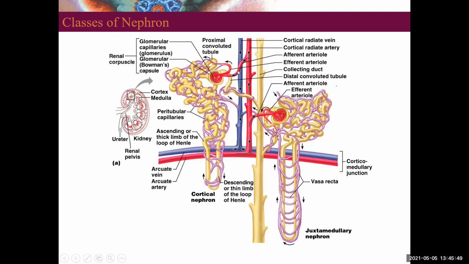When blood comes to the glomerulus, due to hydrostatic pressure it is filtered and passes into the PCT, then the loop, and then the DCT. And then the DCT joins the collecting duct.